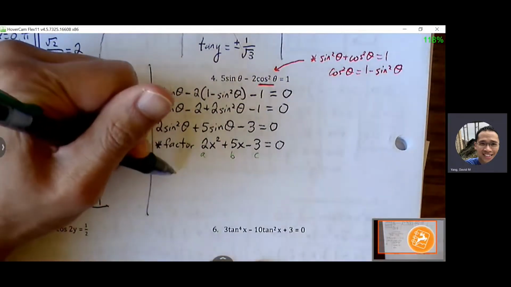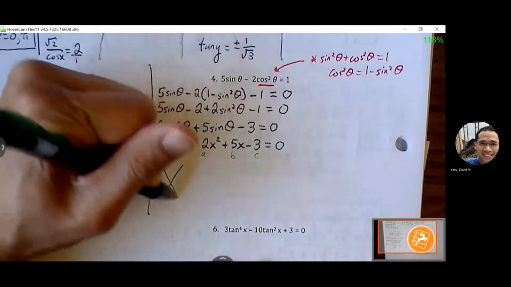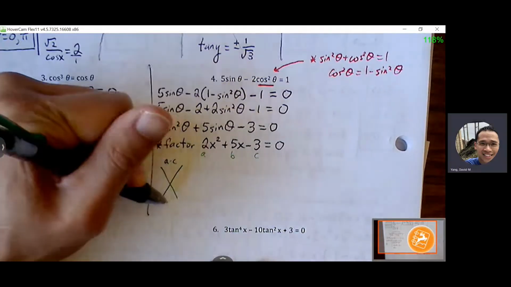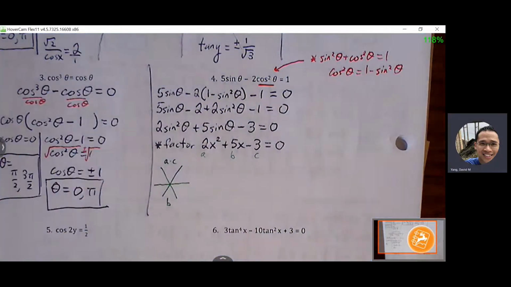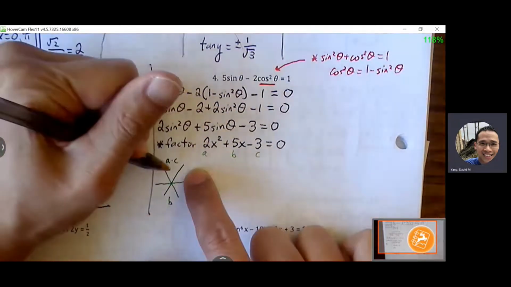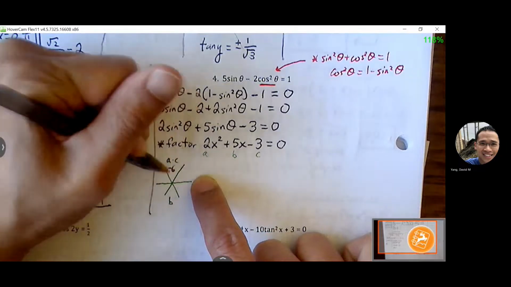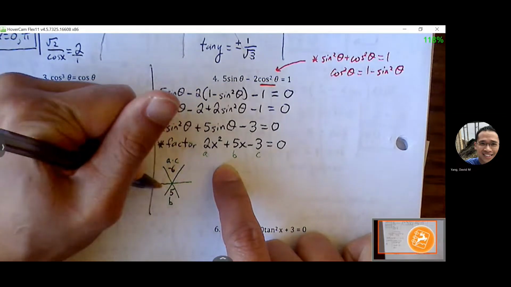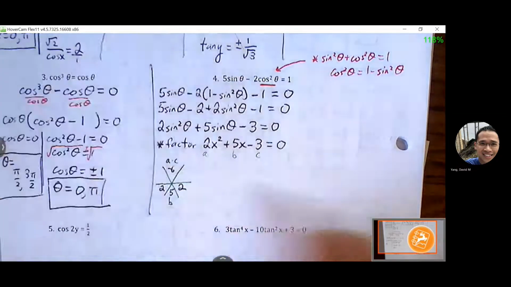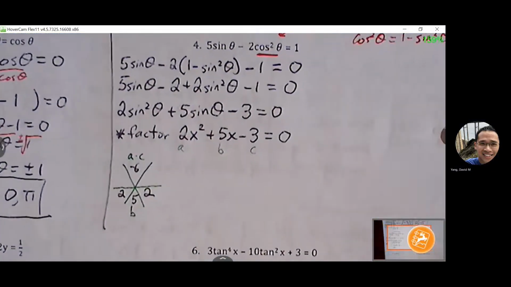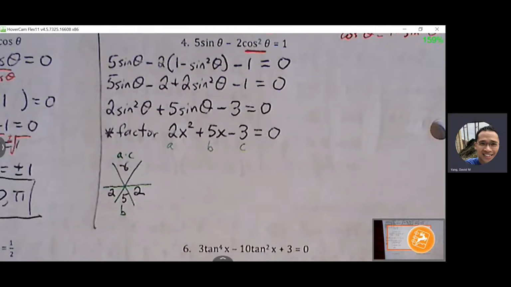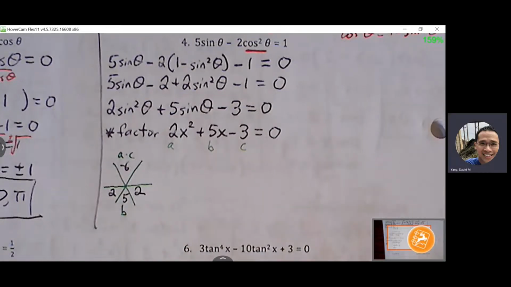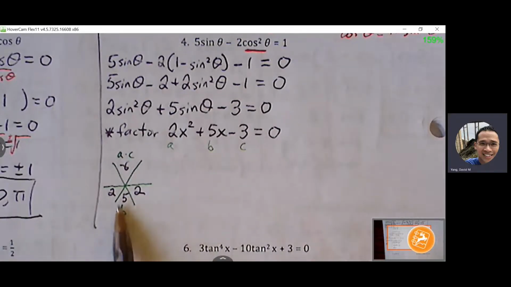Multiplies to be A times C, adds to be B, and then your A value goes here. All right, so we're trying to find two numbers that multiply to be -6 and add up to be 5.